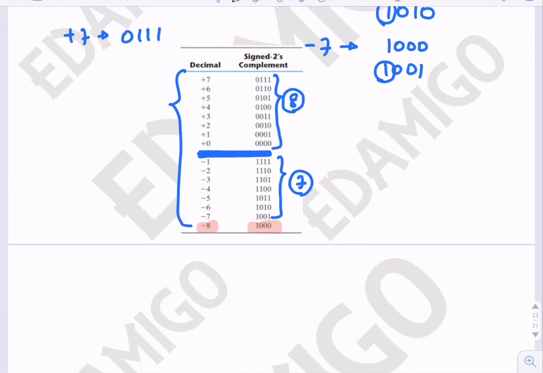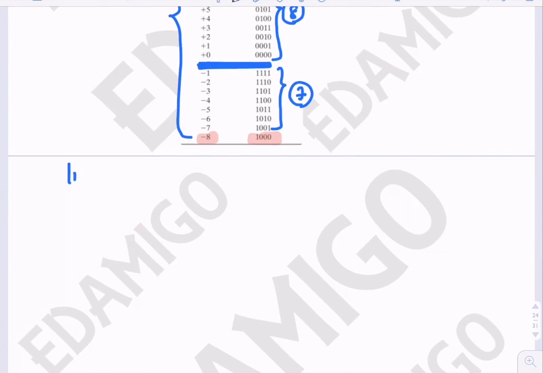Okay, so a number in 2's complement, I'm just writing the conclusion.